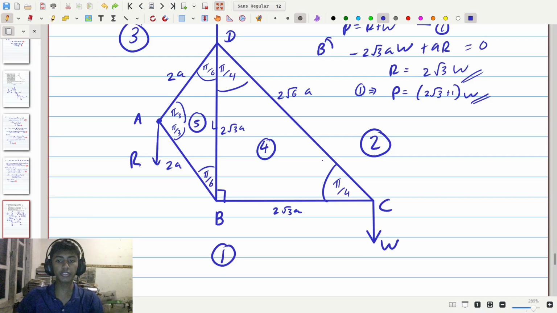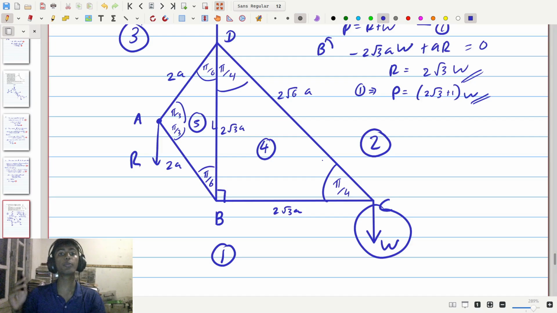So considering the regions around the point C going the anticlockwise direction, if I start with region number 1, which is this region, and I go in the anticlockwise direction around the point C, I can see going from region 1, the next region I'm going to go to is region number 2, and to go there I needed to pass through the force W. And we can see the force W is in downward direction.